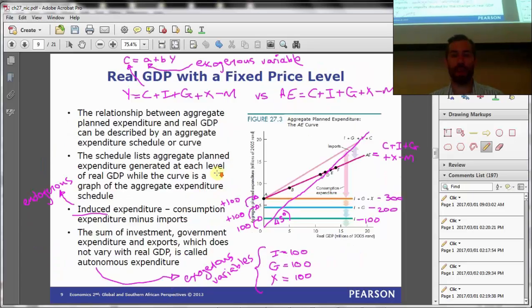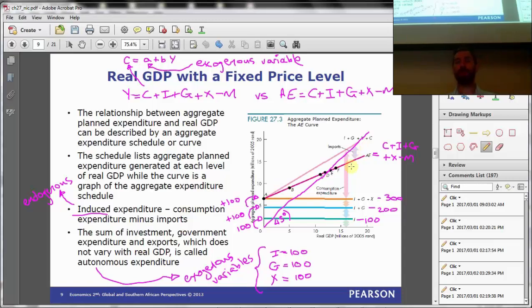If we then combine our consumption function with our other autonomous components of aggregate expenditure, we end up with an aggregate expenditure function, which is upward sloping. It has some positive intercept. It has a positive slope.